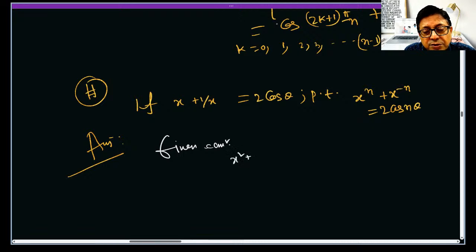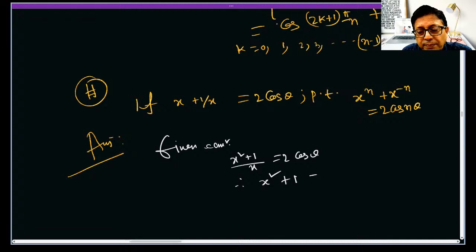Given equation is x plus 1 by x is equal to 2 cos theta. So x square plus 1 is 2x cos theta. So x square minus 2 cos theta into x plus 1 equal to 0.